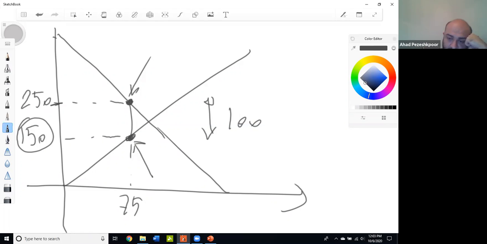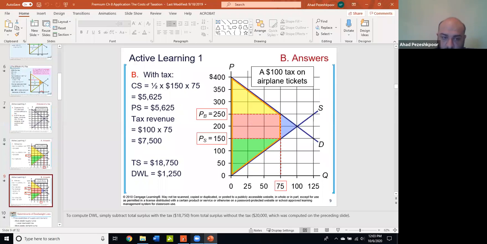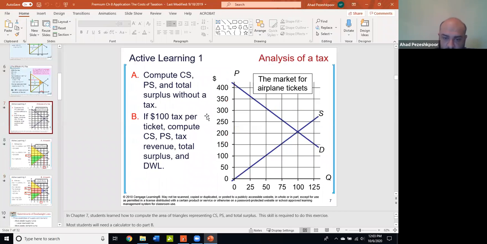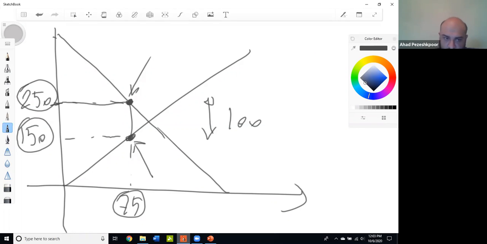Back to chapter 6. Now, you have 75 here, 250 here, and 150 here. Tell me the consumer surplus. Can anyone find the consumer surplus? This is 400. And this is 0.